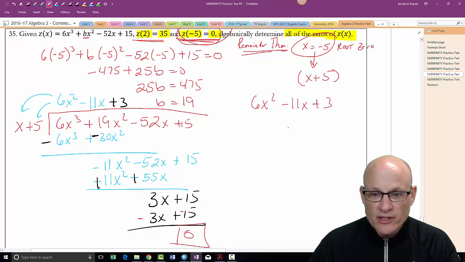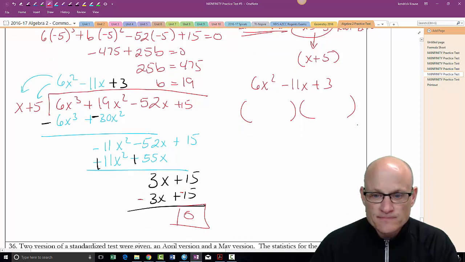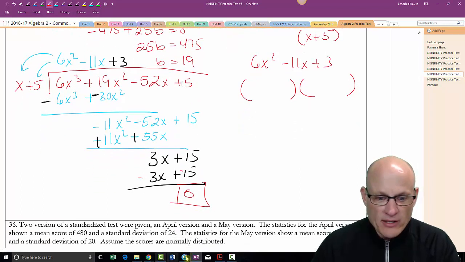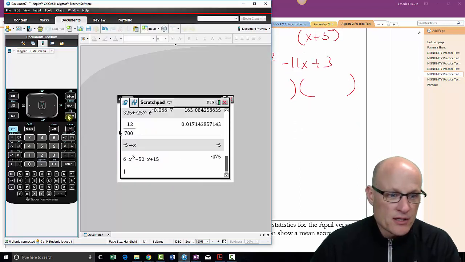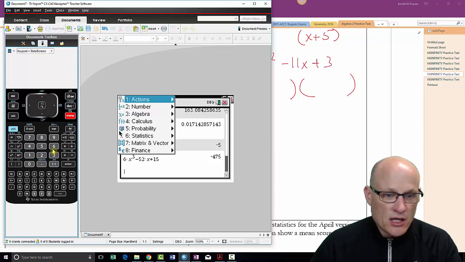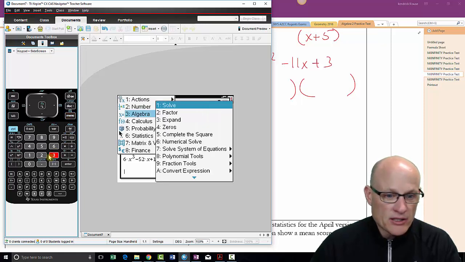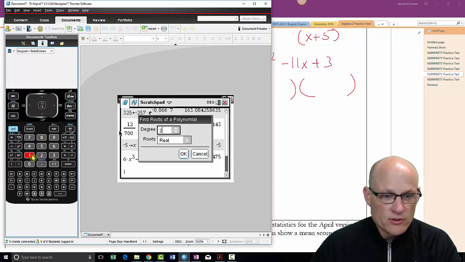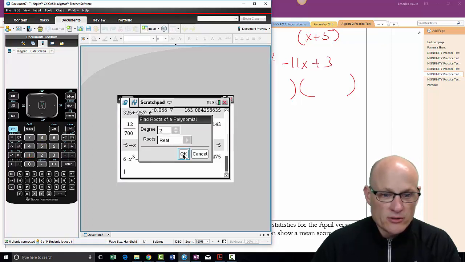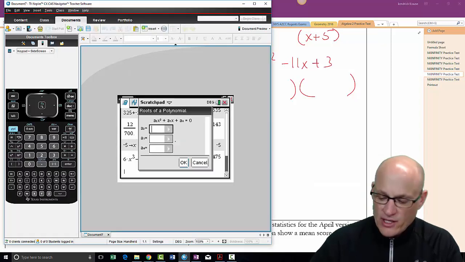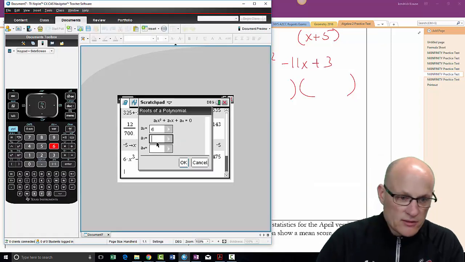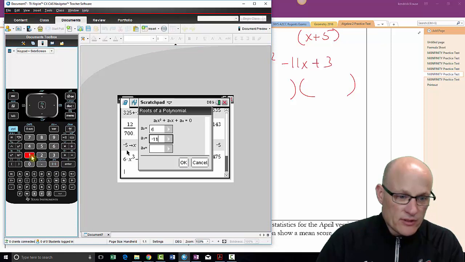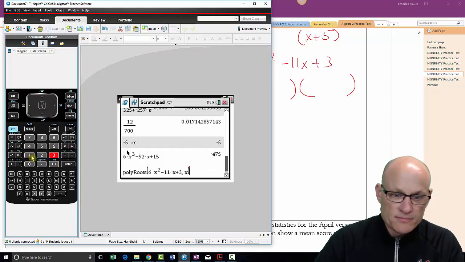I'm going to factor this thing. I could just go menu 331, huh? Menu, algebra, polytools, and finding the roots. It's a second degree polynomial, and my answers are 6, negative 11, and 3.